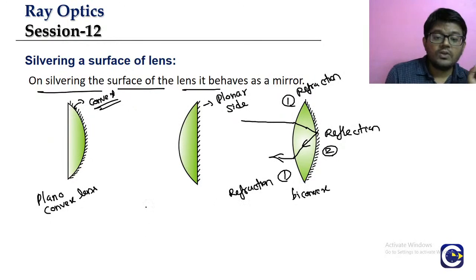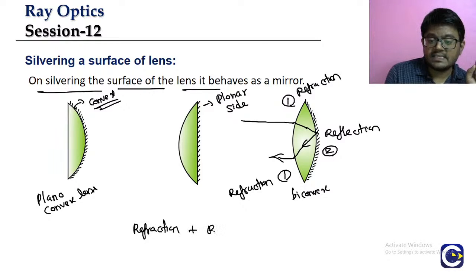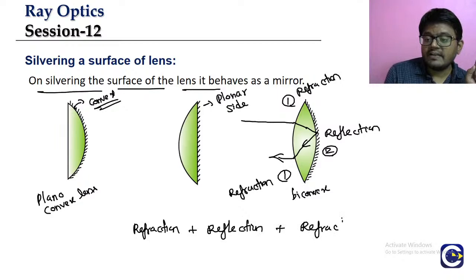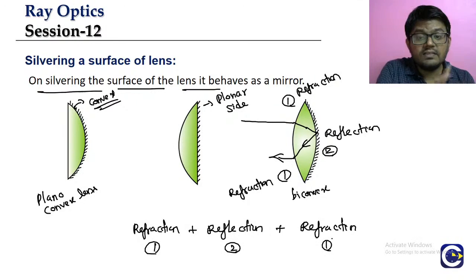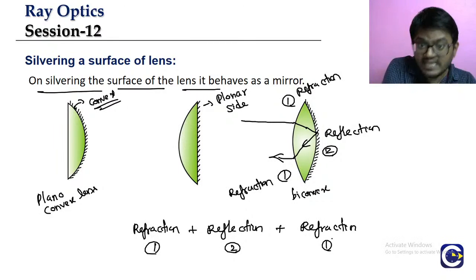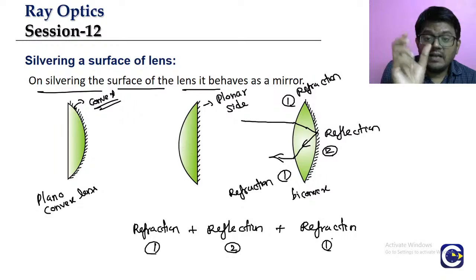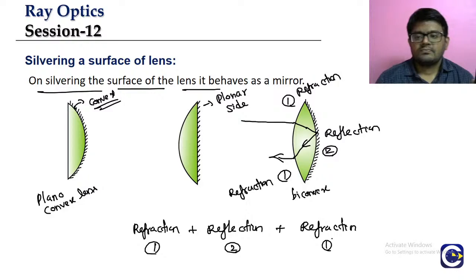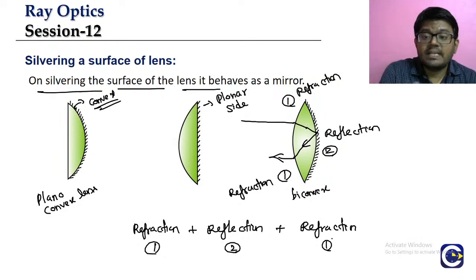You have refraction at the first boundary plus reflection at the second boundary, again refraction at the first. This is the general thing that we see for any lens, whether it is a plano convex or a biconvex. Any lens you take, if you are silvering or painting one surface, the lens which is painted on one surface is going to act as a mirror.